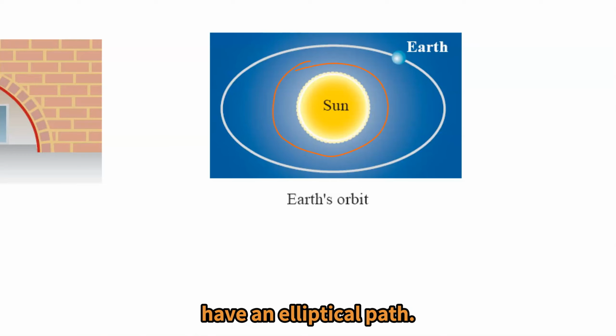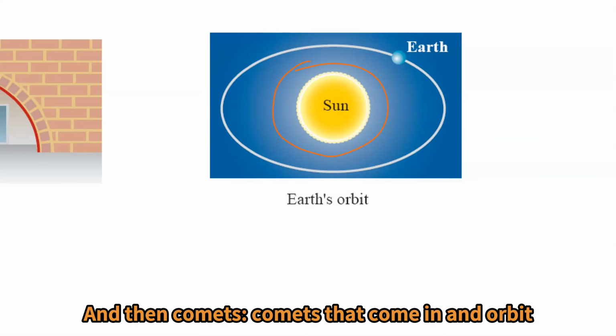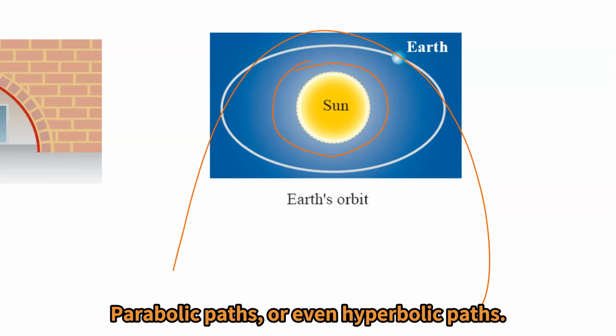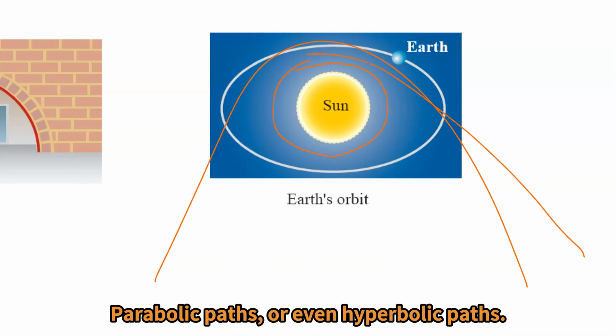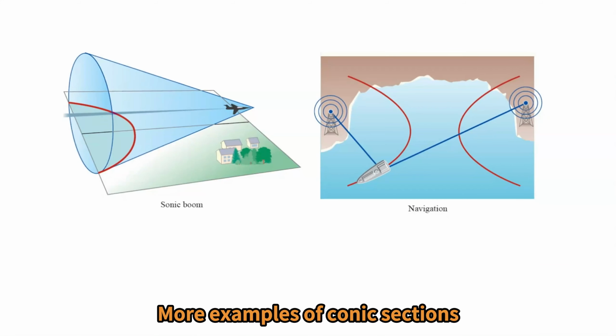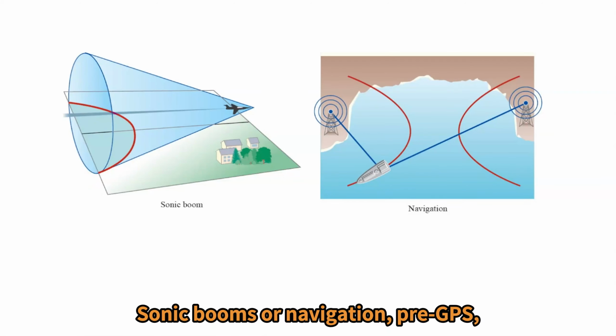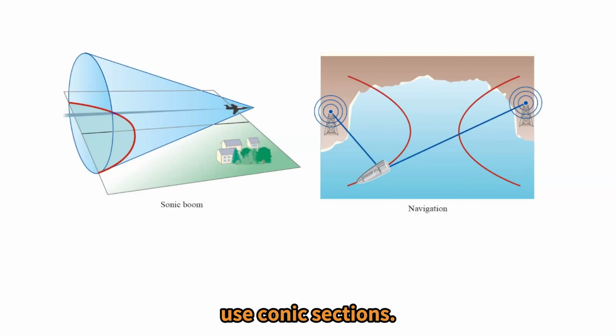Most of our planets have an elliptical path. And then comets that come in and orbit the sun have elliptical paths or parabolic paths, or even hyperbolic paths. More examples of conic sections out in the real world: sonic booms or navigation pre-GPS use conic sections.